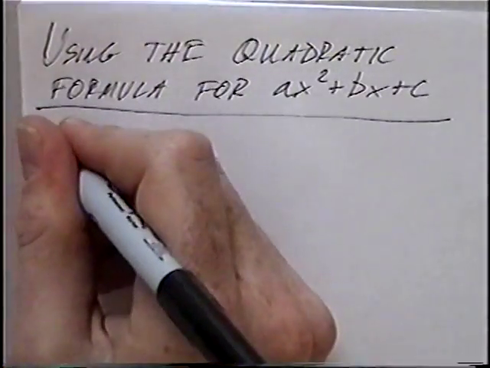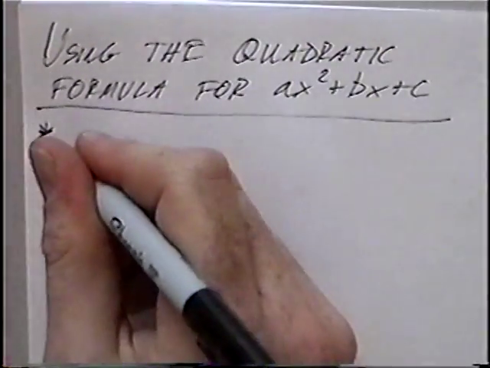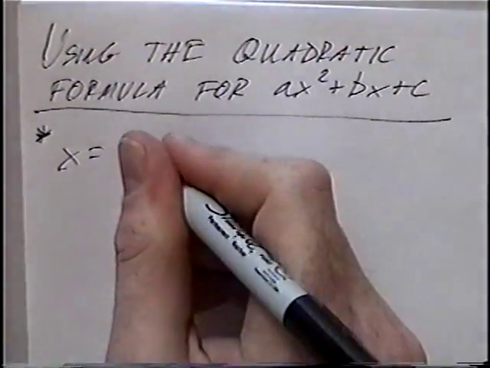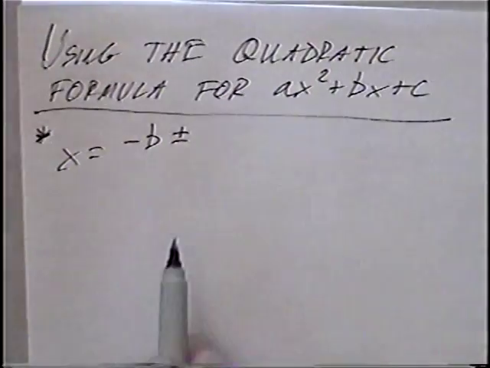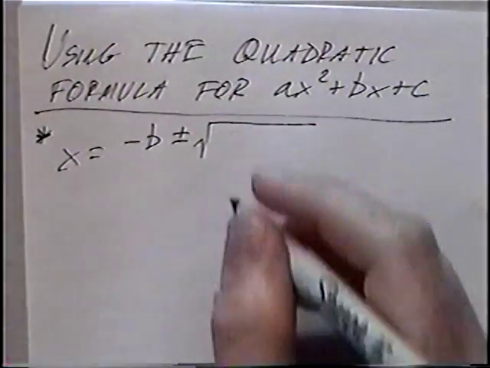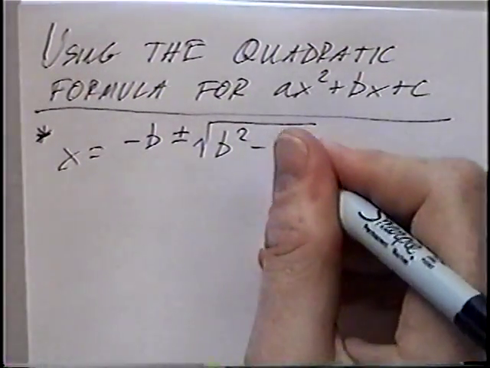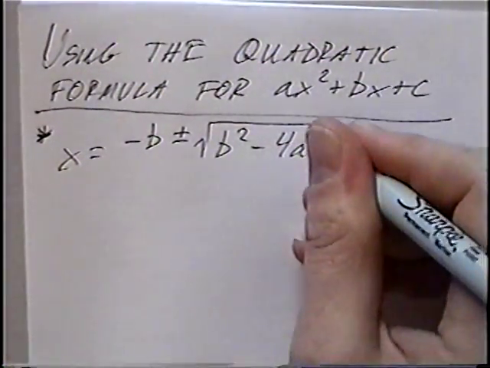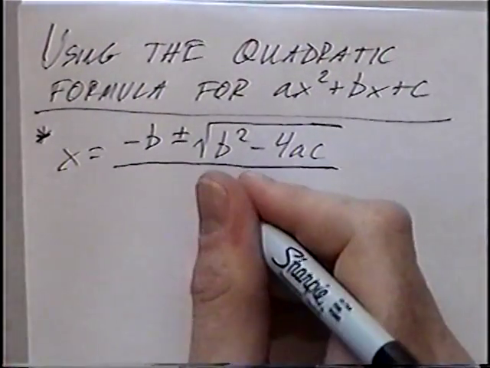The definition or equation for this problem, the quadratic formula, is x equals negative b plus or minus, which again means positive or negative, the square root of b squared minus 4 times a times c, all divided by 2a.